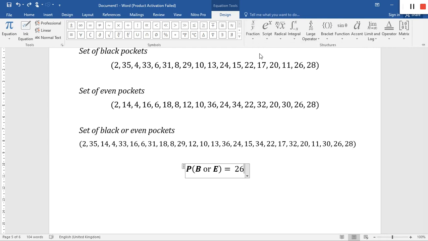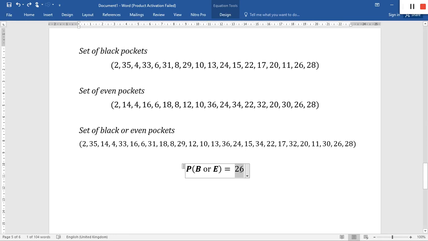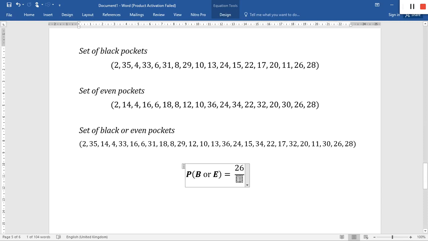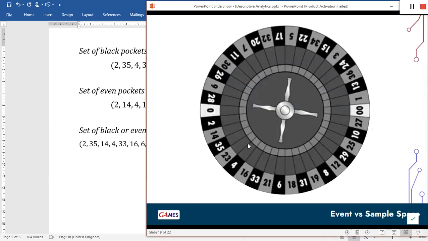Divided by 38. I hope that makes sense. Sorry, why are we not dividing by 36? Because our total sample space is 38. Remember that we are still going to be including this 0 and 00. So the total sample space is still 38.